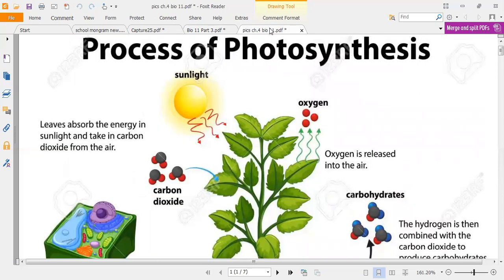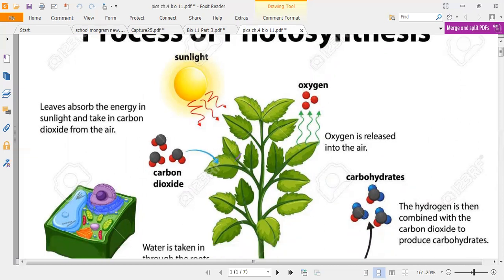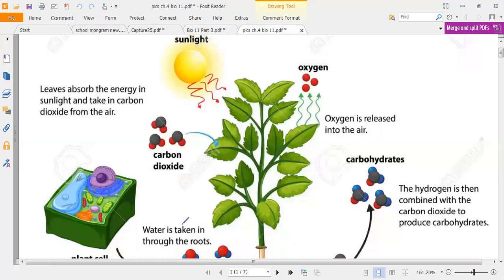into glucose. If you look at this process of photosynthesis, you can see that with the help of sunlight, plants use carbon dioxide and water from the roots, and they produce oxygen and carbohydrates, that is in the form of glucose.